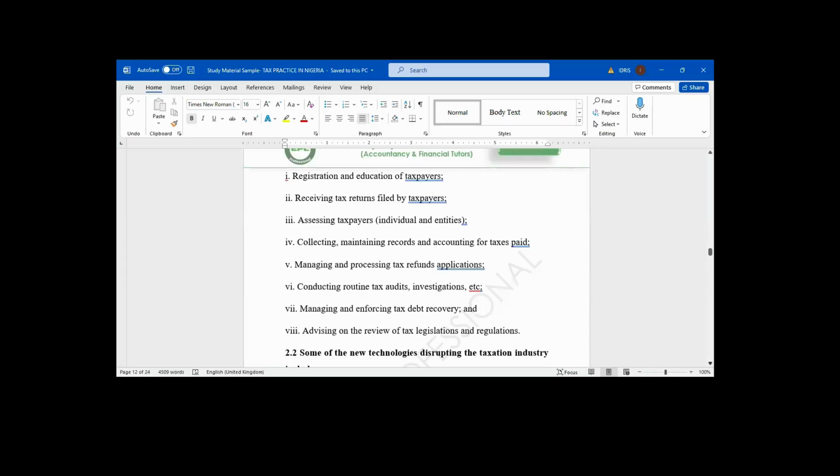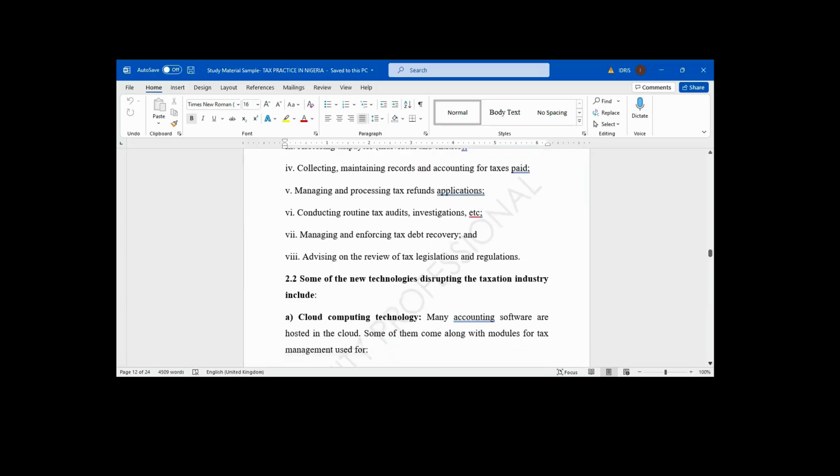They advise the government because it's their field. They know more. So these are the roles of tax administrators.